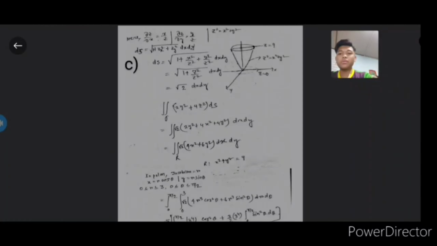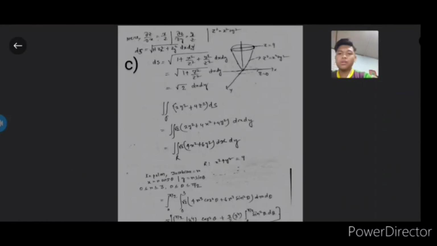And after that, we need to evaluate 2y squared plus 4z squared ds, and then we differentiate, so we will get double integral 2 in bracket 2y squared plus 4x squared plus 4y squared dx dy. And after we solve it, we will get the answer double integral 2 4x squared plus 6y squared dx dy.